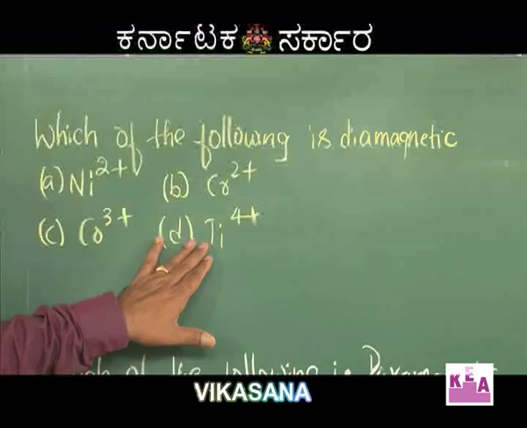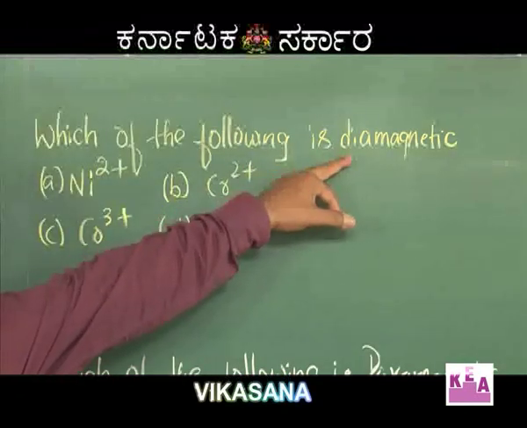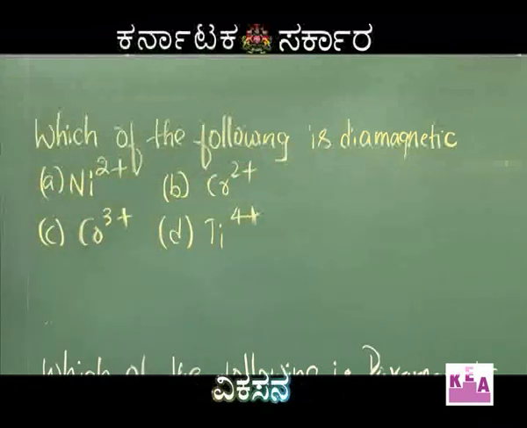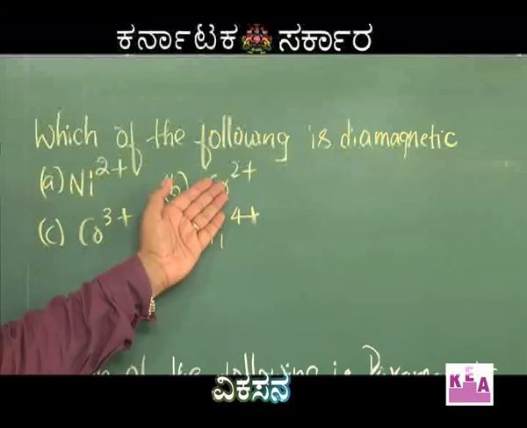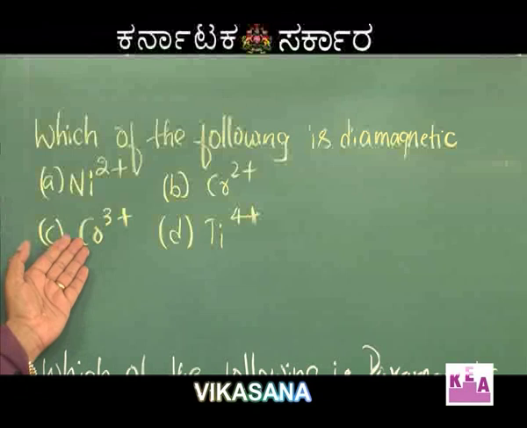When it doesn't have unpaired electrons, it behaves as a diamagnetic substance. Look at the given options. Nickel 2+ has unpaired electrons, chromium 2+ also has unpaired electrons, cobalt 3+ also has unpaired electrons.